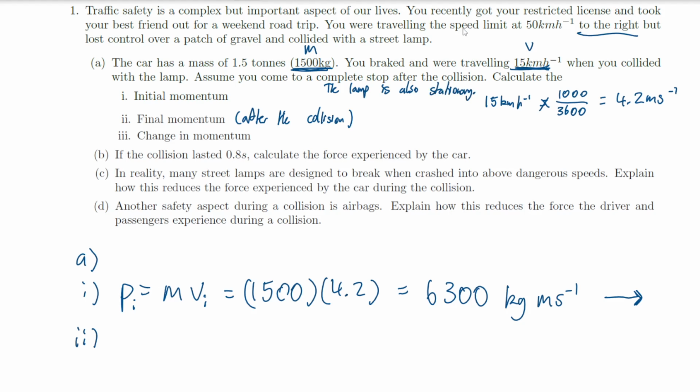So both your car and the lamp have a speed of 0. So the final momentum, P_f, is mass times v_f, well, the velocity of your car is 0. So 1500 times 0 gives 0 kilogram meters per second. And the direction here doesn't matter, because the magnitude is 0.